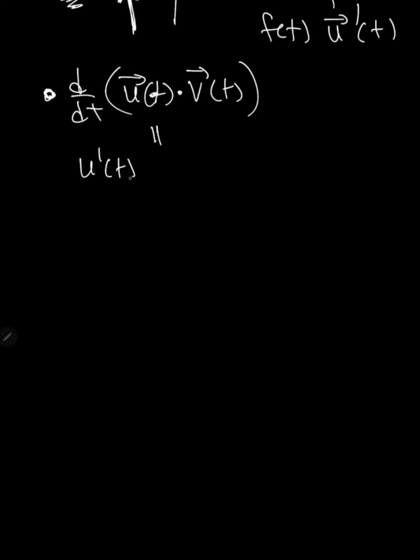So u prime of t dot v of t, plus u of t dot v prime of t. Here we have the dot product. So it's exactly what we would expect in terms of the product rule.